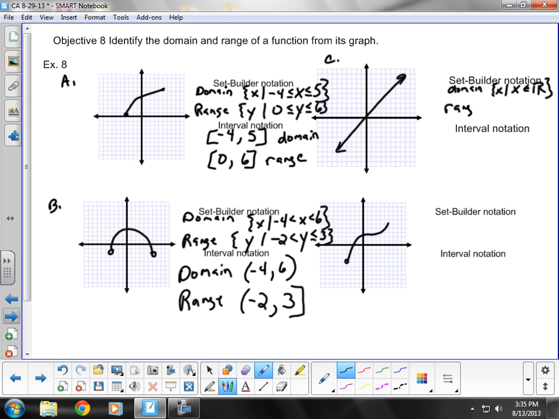And the range is the set of all y's such that y is an element of the real numbers. So in interval notation, what that says is I'm going to go left forever to a negative infinity and right forever to a positive infinity. So in interval notation, I'm going from a negative infinity to a positive infinity for my domain and for my range both.